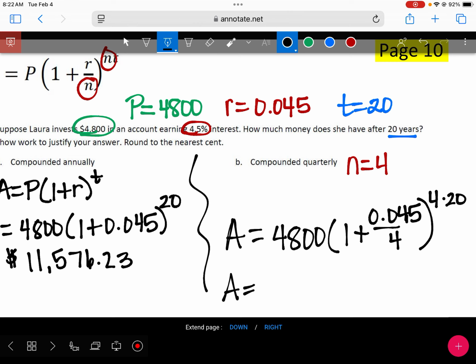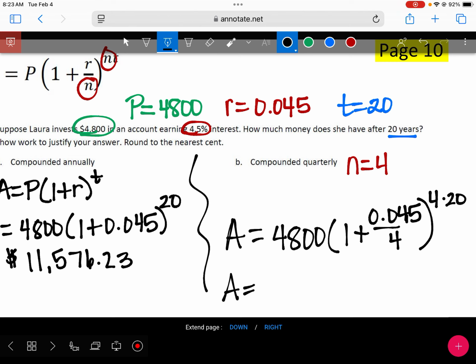So type it in just like that. Now your answer should still be close to 11,000, but it should be a little bit more.